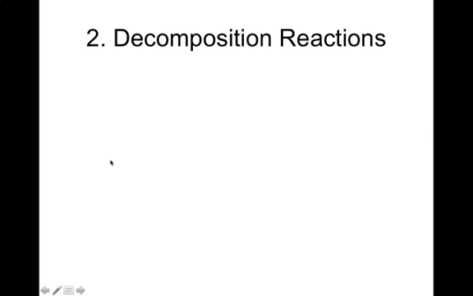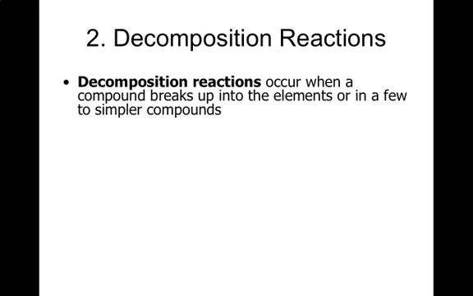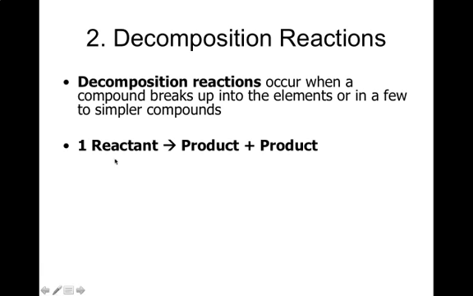Decomposition reactions. Decomposition reactions occur when a compound breaks up into the elements or into simpler compounds. For example, you would have one reactant go to 2 or more, could be 2, could be more products.